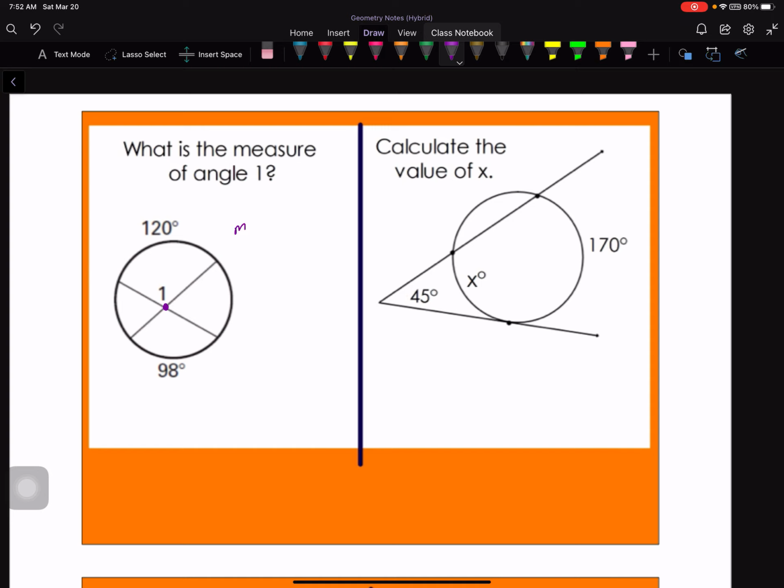So the measure of angle 1 equals, and again, order doesn't matter when you add arcs. So we're going to go 120 plus 98 and divide that by 2. So we have 218 divided by 2.